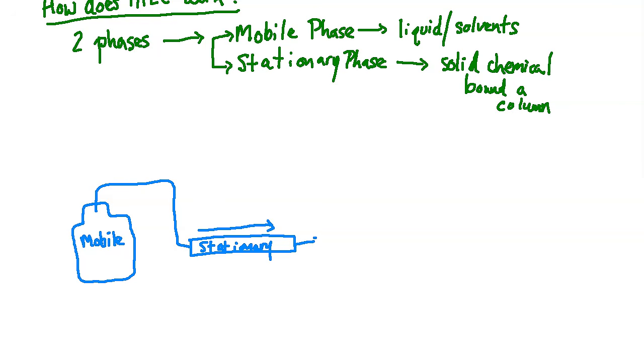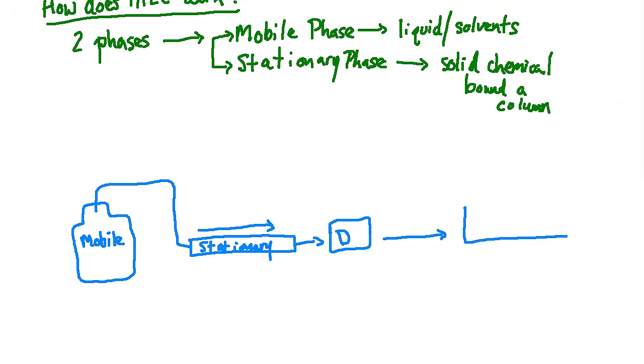And once it comes off of the column, it's going to hit the detector. Usually we use a lot of UV-vis, you can use a fluorometry type of detector where you're doing fluorescence, if you have the proper derivatives and materials. But you have to have some way of detecting what's coming off of that stationary phase, and then that is what will be output into a chromatogram.